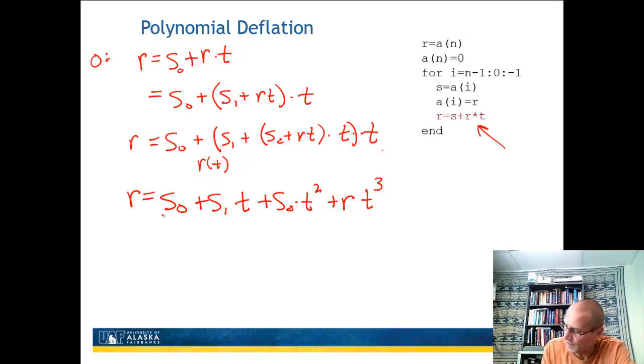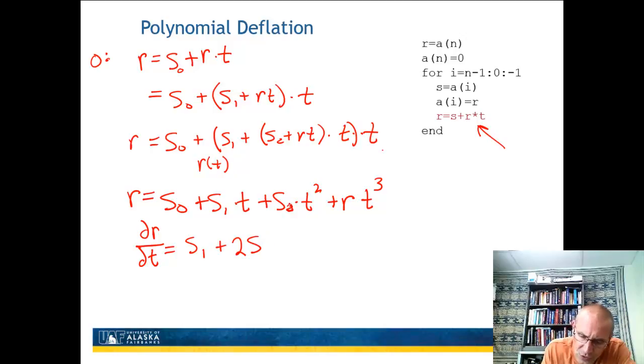And now I can take the differential of that. So dr/dt is going to be equal to s1 plus 2 s2 times t plus 3 r t squared. Right? And now I'm just going to plug values in there.